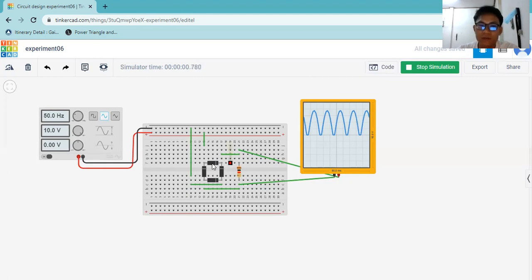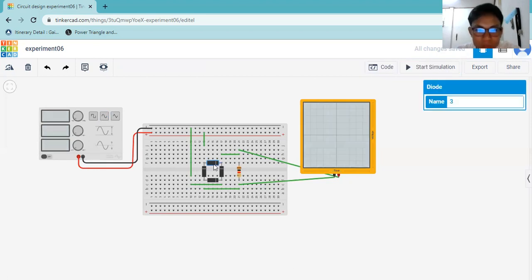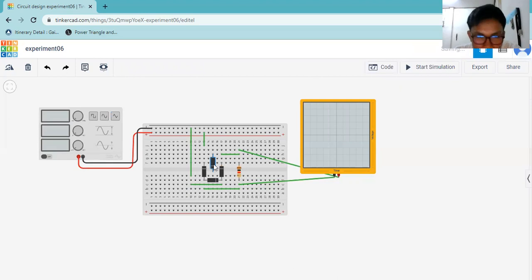And if we change the direction of this one, what would happen? So we change it, and now start simulation again.